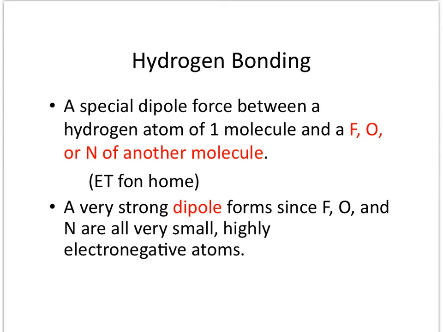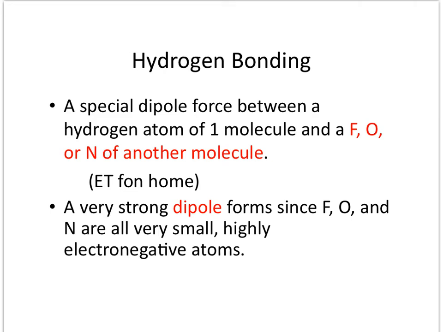The last type of intermolecular force is called hydrogen bonding, and it's a little misleading because it's not a bond. It is actually one of the strongest forces out there, and it is actually a dipole-dipole force. It only occurs between the hydrogen atom of one molecule and a fluorine, oxygen, or nitrogen of another molecule.